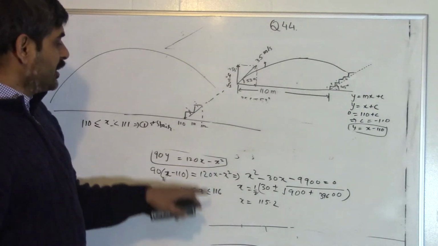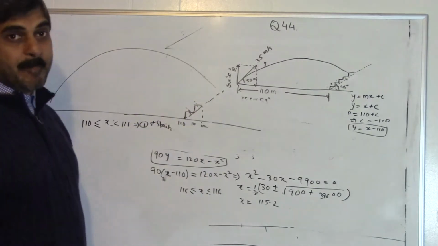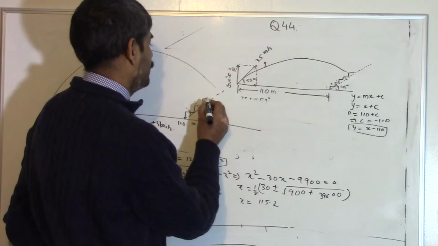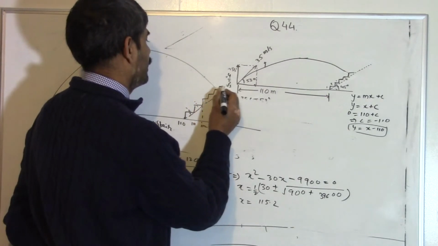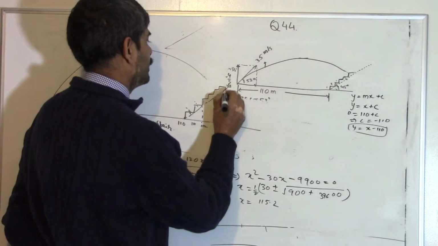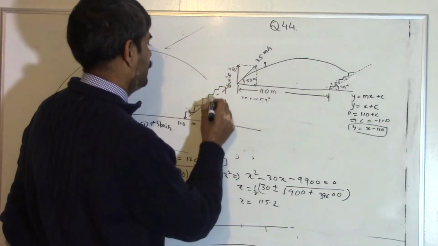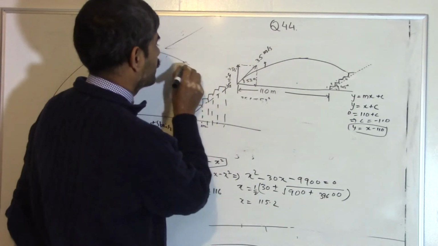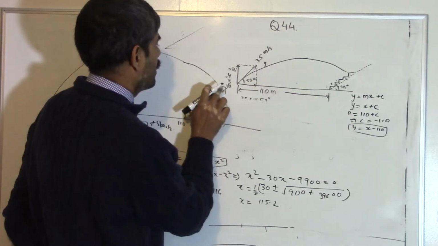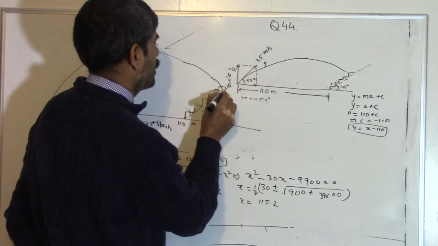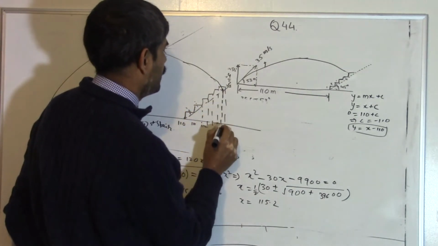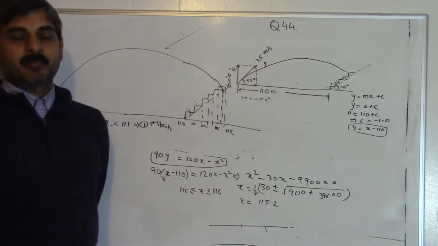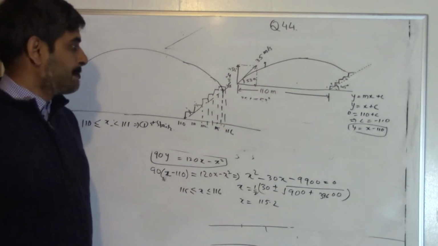In our case, it's possibly the sixth stair, 1, 2, 3, 4, 5 and 6th stair, because it is hitting at 112, 113, 114, 115. So this is trying to hit it somewhere like this, and that's why this is 115, this is 116. So it's possibly hitting this stair.